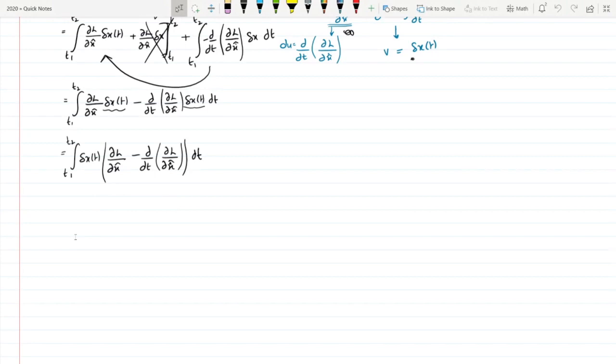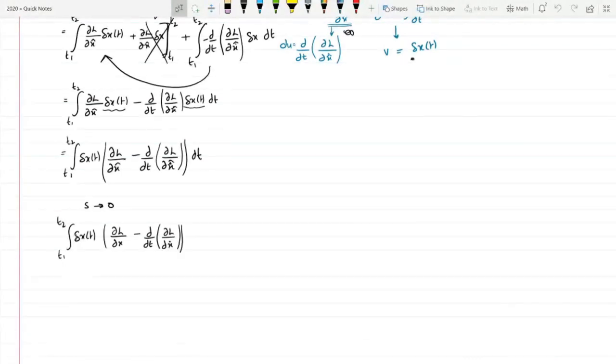When s goes to 0, x hat just becomes x, and x hat dot also just becomes x dot, which means when I take s going to 0, my integral becomes ∂L/∂x dot dt.